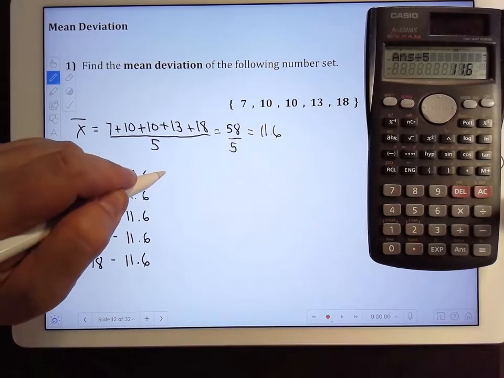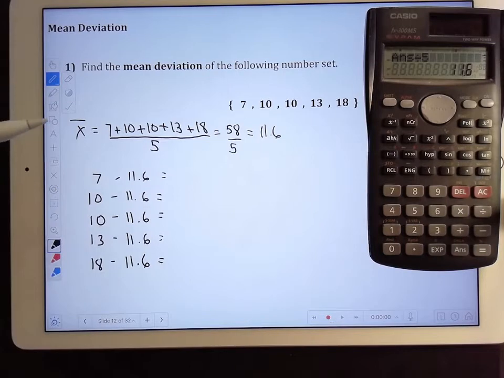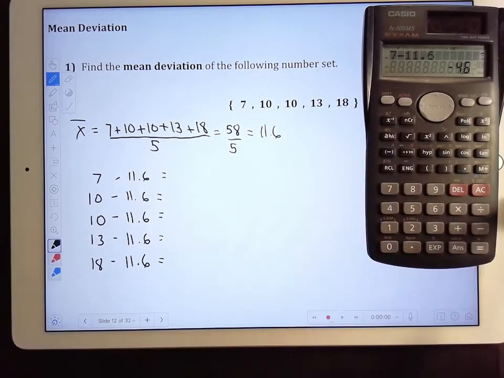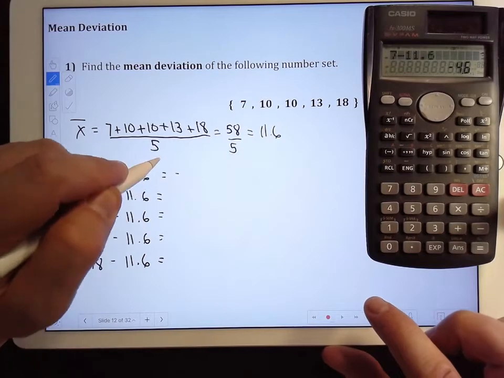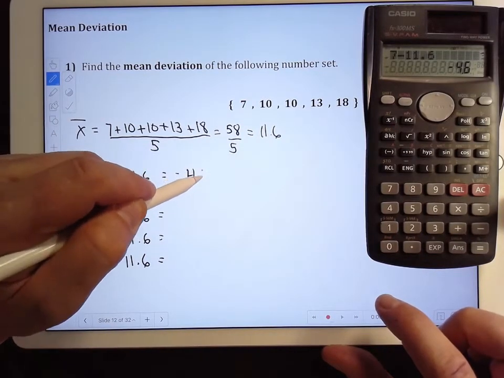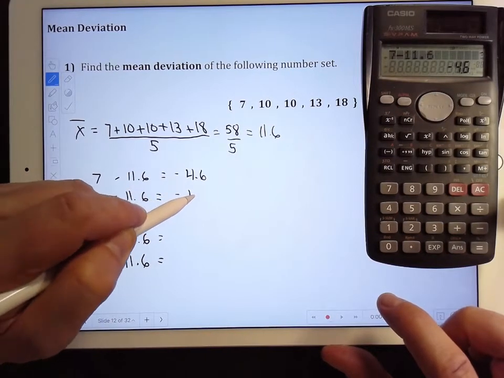So when we do that, we'll get a new series of numbers. So 7 minus 11.6, and you'll write that value down, negative 4.6. 10 minus 11.6 is equal to negative 1.6.